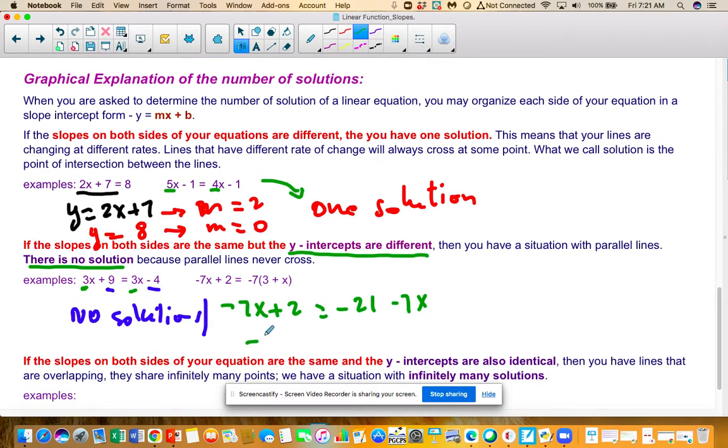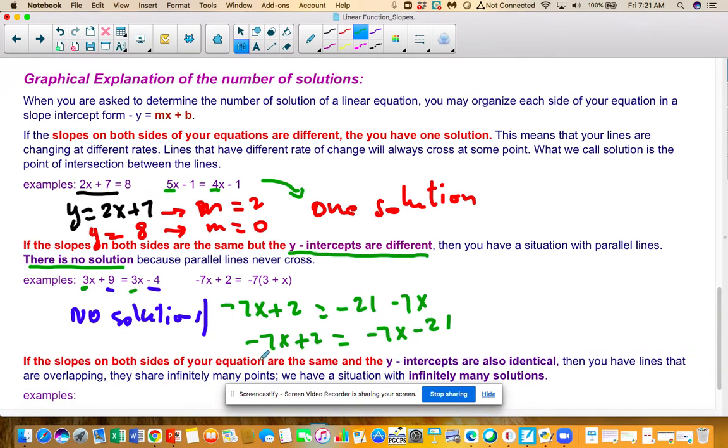Now I'm going to this part. The left part is already in slope-intercept form. I'm going to write the right part in slope-intercept form, meaning that I'm going to write -7x first, right? -7x minus 21.